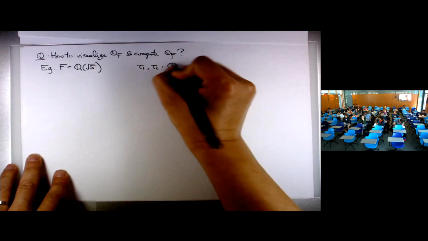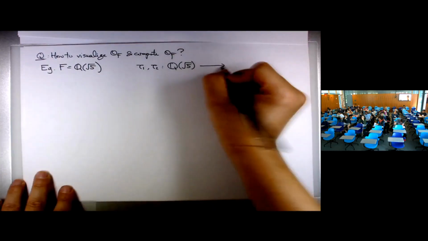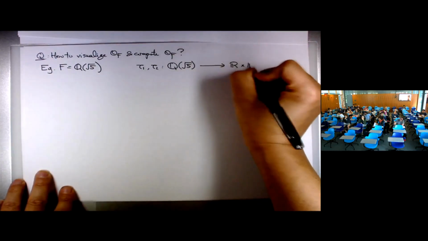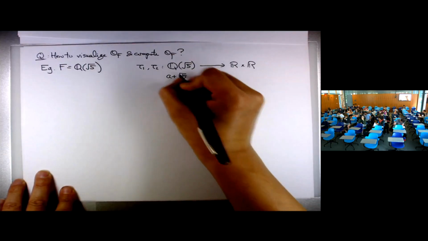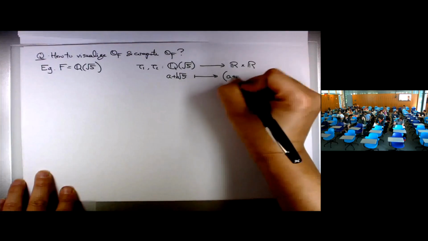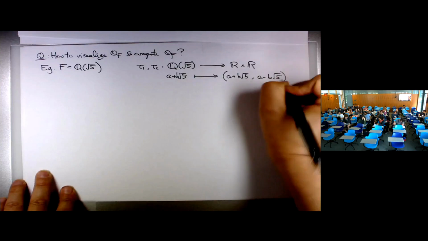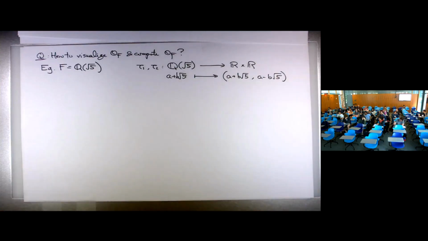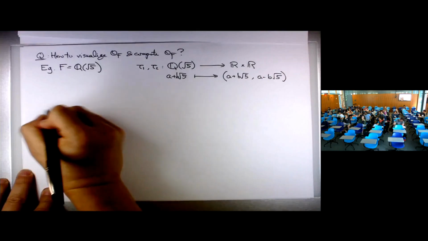You can embed Q(root 5) explicitly: a plus b root 5 goes to a plus b root 5, or a minus b root 5. Okay? Now, I really want to visualize it by drawing a picture of this.